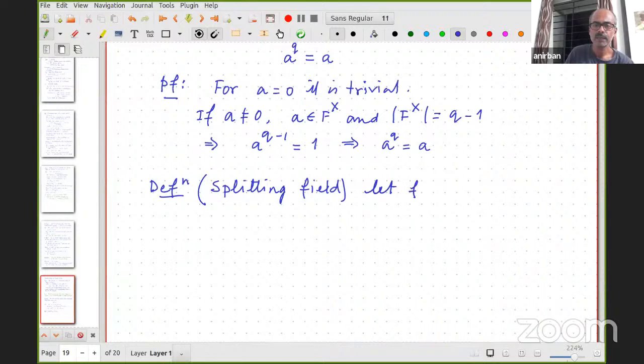So let f(x) be a polynomial in K[x], where K is a field.